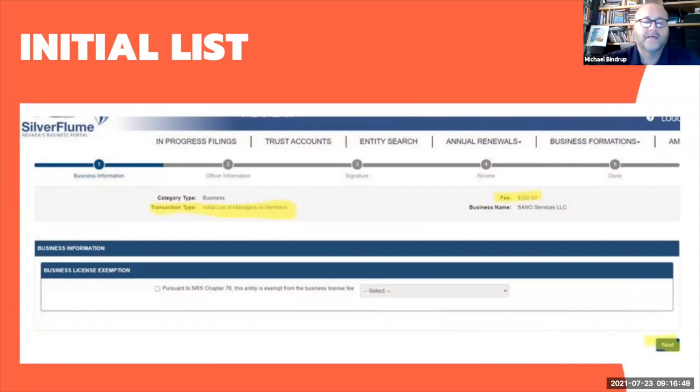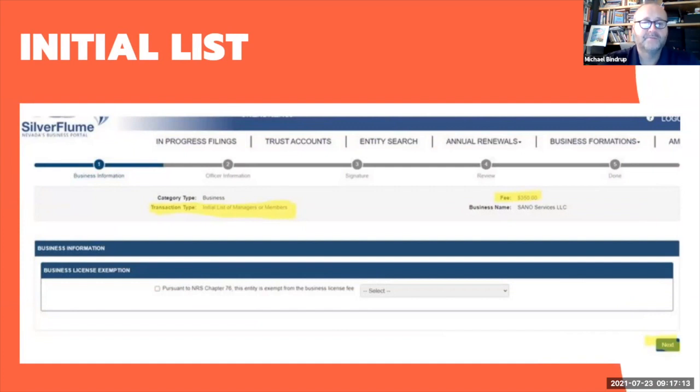When you break down the fees included in this $350, it's what's called a state business license. Every entity in the state of Nevada is required to have a state business license unless you are exempt. And I want to point out, we have a video that explains the rules for exemption, which are pretty simple.